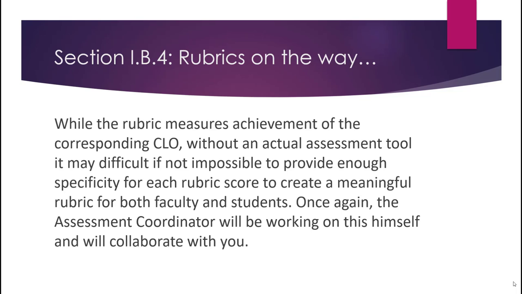While the rubric measures achievement of the corresponding CLO, without an actual assessment tool, it may be difficult, if not impossible, to provide enough specificity for each rubric score to create a meaningful rubric for both faculty and students. Once again, the assessment coordinator will be working on this himself and will collaborate with you.